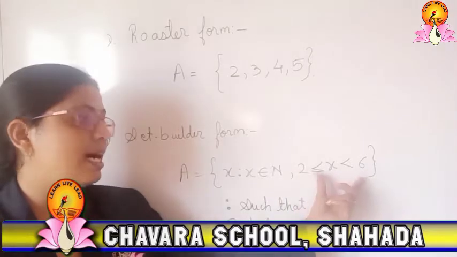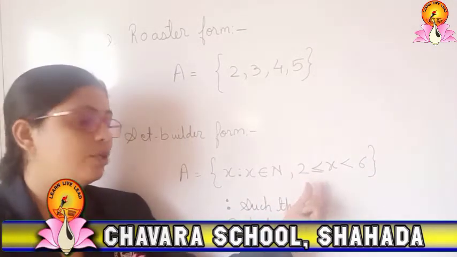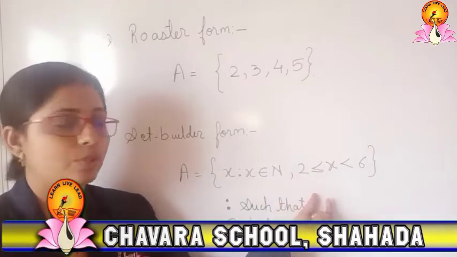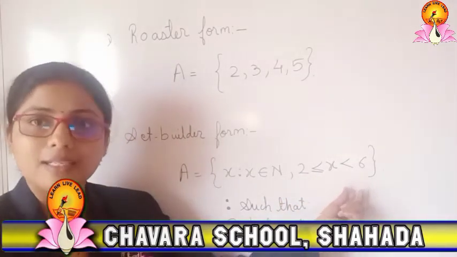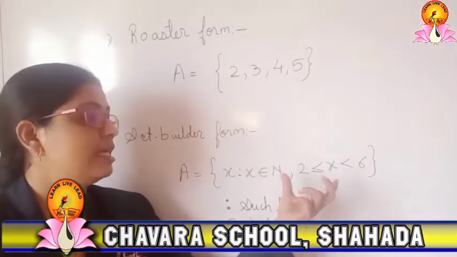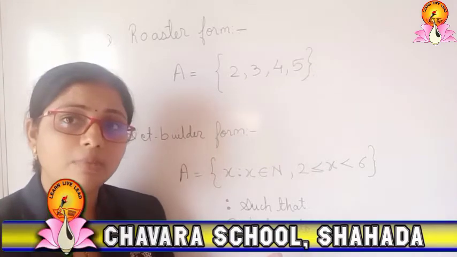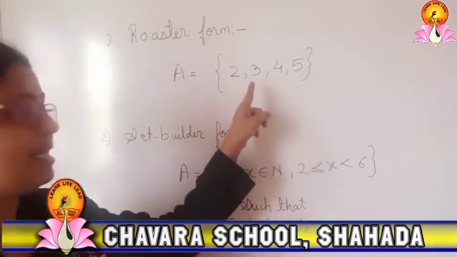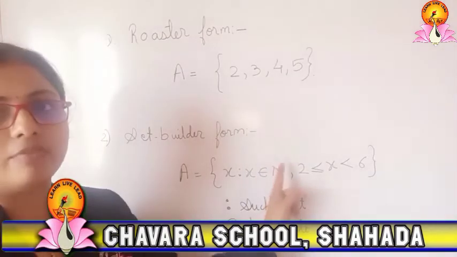So these are the limitations given here. You have to take the numbers more than or equal to 2, and it should be less than 6. So that will be the formation of the set. This is the answer of this type of set.